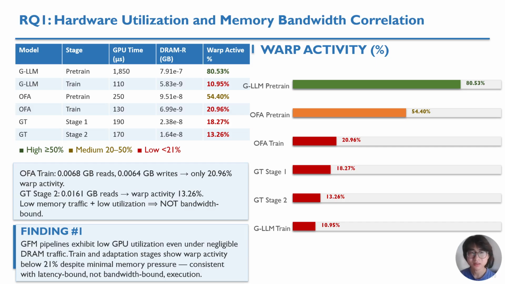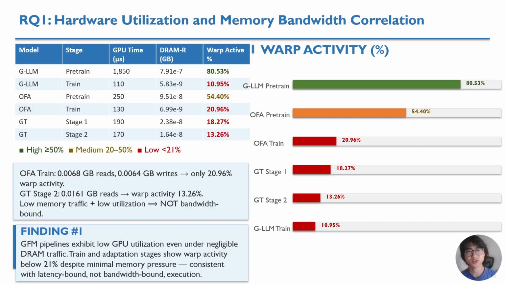This is telling. If GPU utilization was low because our memory bus was saturated, we would expect high memory traffic. But we see very low utilization and low traffic, so the GPU is not waiting for the data. So our first finding is that GFM pipelines exhibit low GPU utilization even under negligible DRAM traffic.